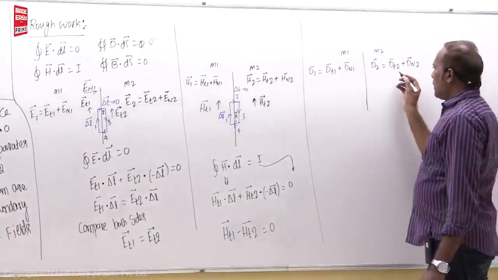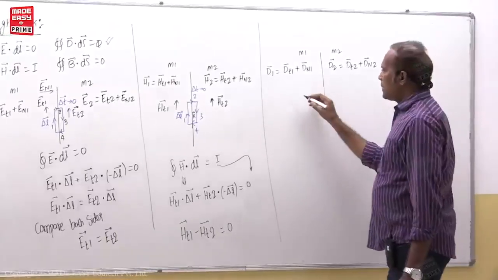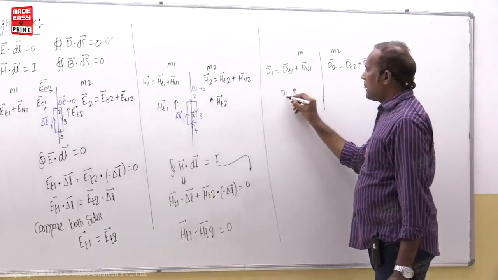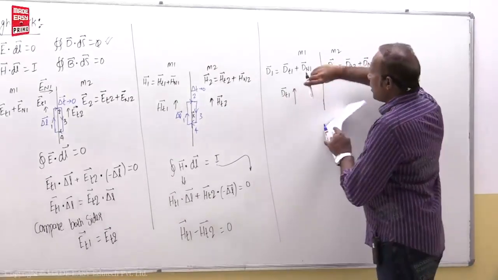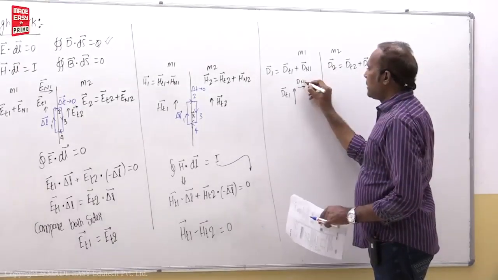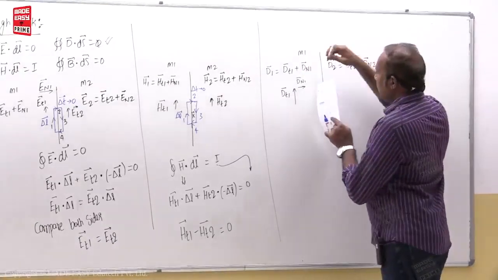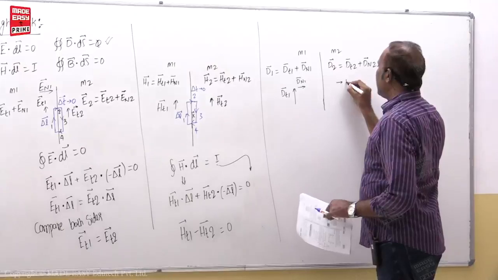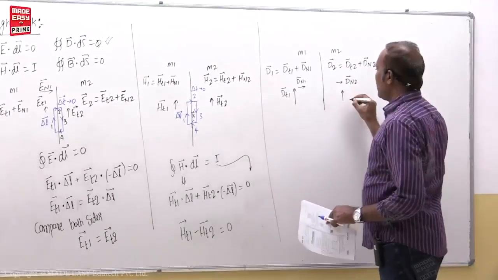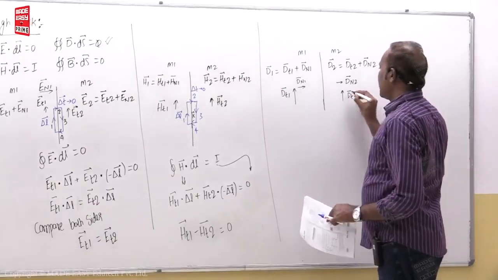If you are talking of normal components, the tangential component is parallel to this boundary, then the normal component is 90 degrees to this boundary, like this. Similarly here also DN2 is there, and parallel to this boundary DT2 is there.